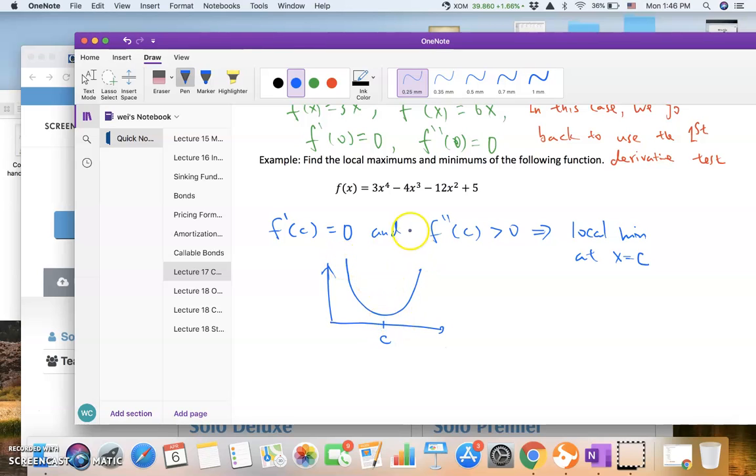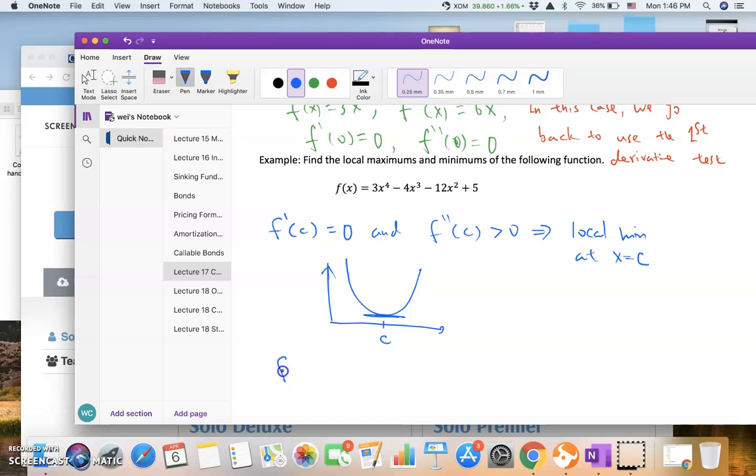Right. So f double prime is positive, the graph is concave up, and f prime of c equals 0, we have a horizontal tangent line. So at this critical point, the function has a local minimum.